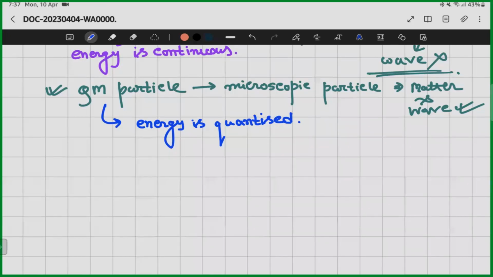For the electron in the hydrogen atom, we have probably studied in class 11, in atomic structure, that the electron can't have any energy. There is a restriction that mvr should be equal to n h cross.